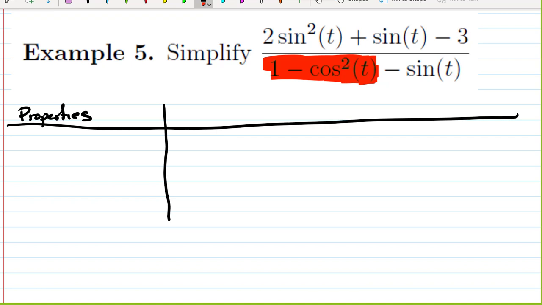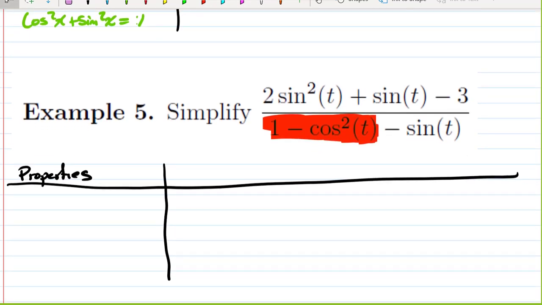In fact, the only place it doesn't have a sine is with those cosines. So one common strategy is to try to write everything in terms of sines. So we can use the first Pythagorean identity to help us simplify this.